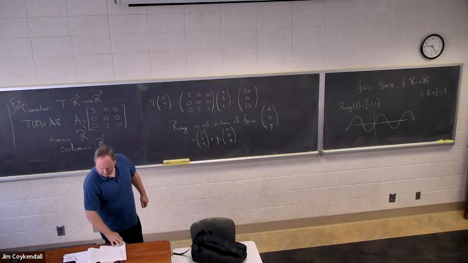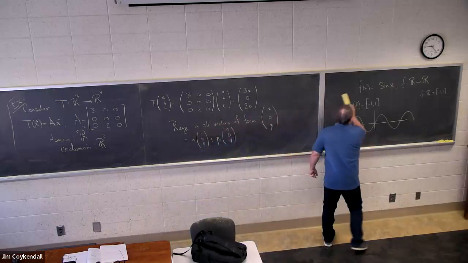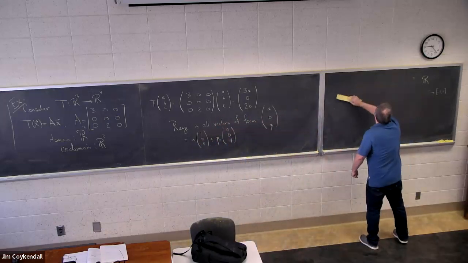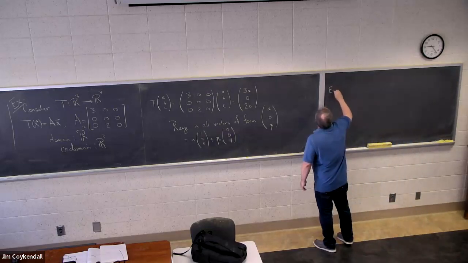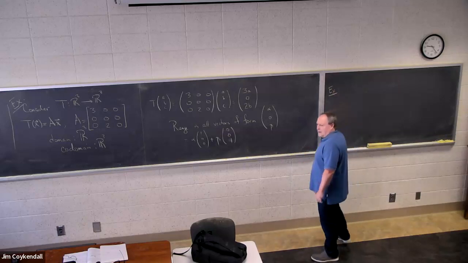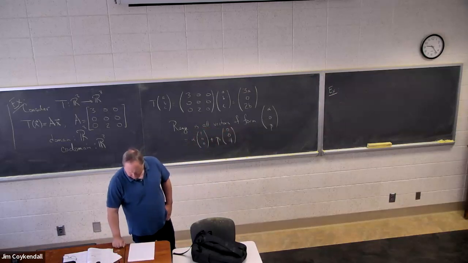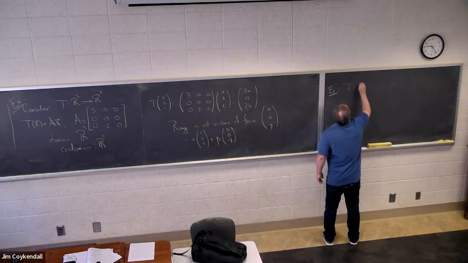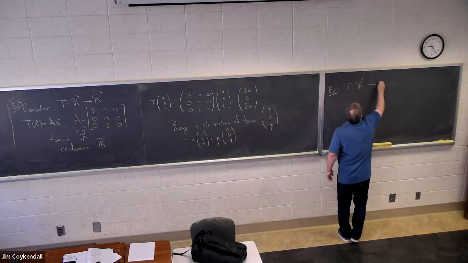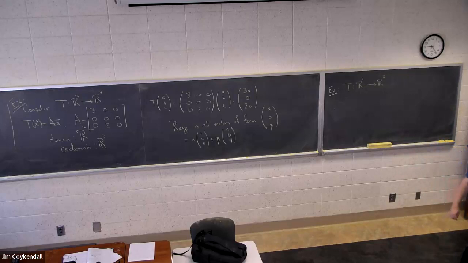I'm gonna do another one of these matrix multiplications. Let's do this one. Okay, fine. Make a new function. Here's another example. I'm gonna play with this because I think we can try to visualize this one.